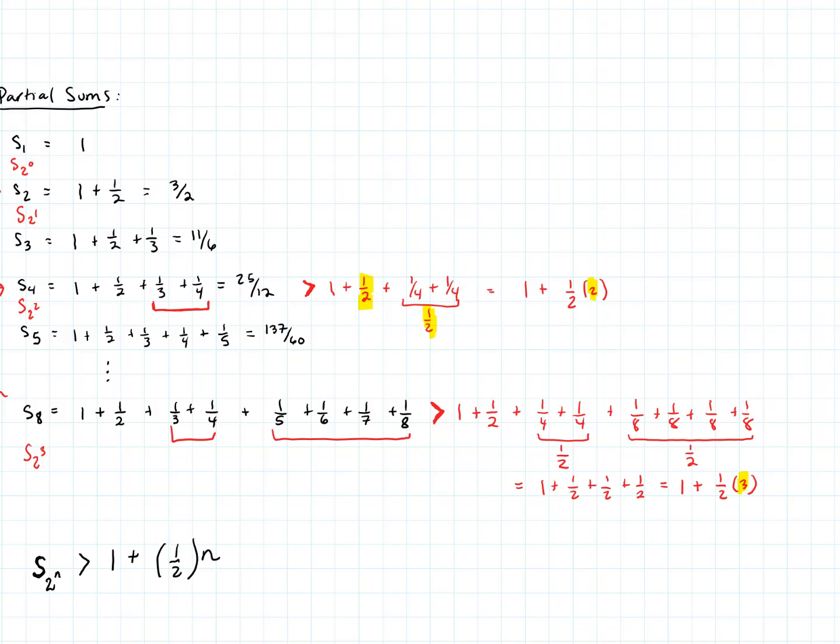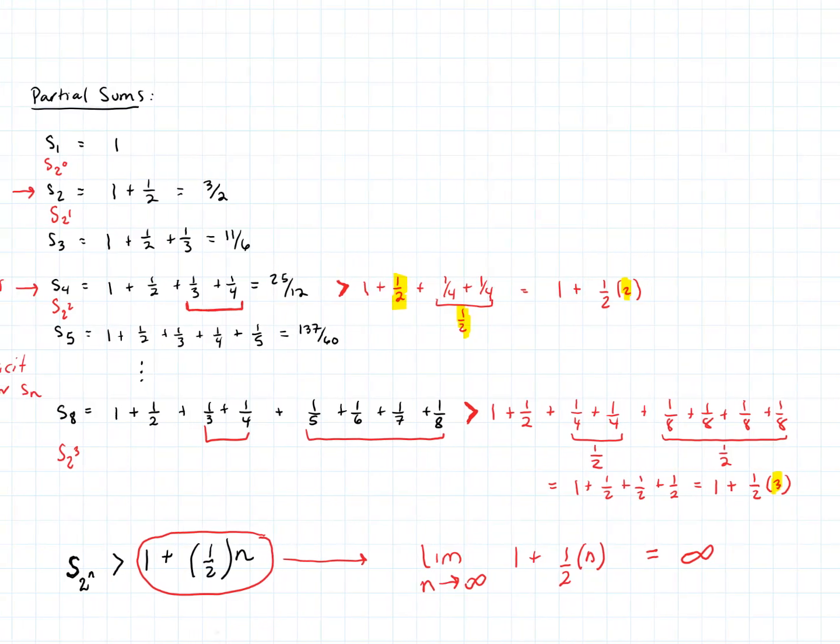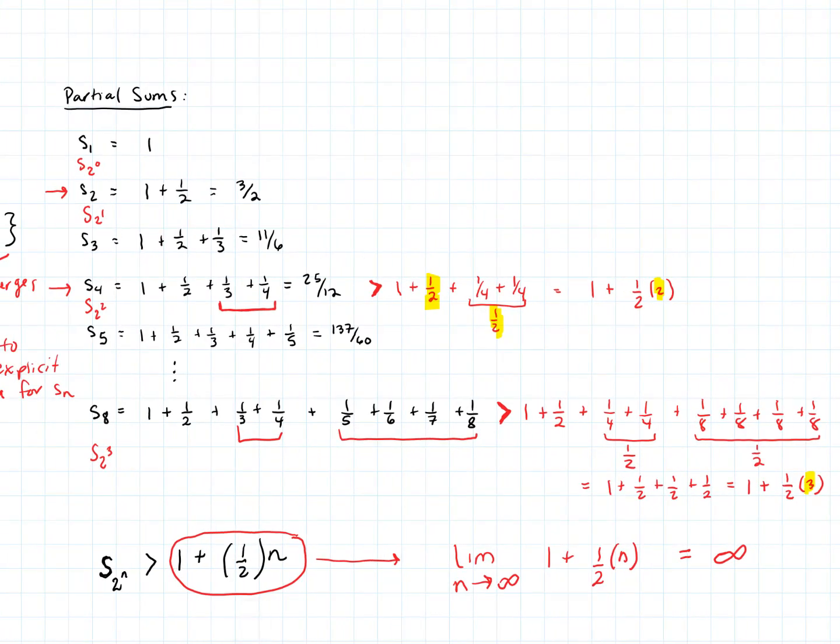And notice what's going to happen to this 1 plus 1/2 times n. If we take the limit as n approaches infinity of 1 plus 1/2 times n, this is going to be infinite. This approaches infinity. And we are saying that our partial sums are greater than infinity.